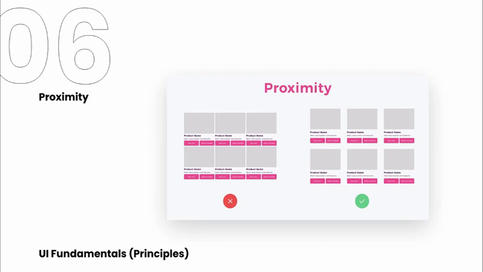The principle of proximity is simple. It's more or less a process of ensuring that related elements are placed together, so that all of this signifies one element.